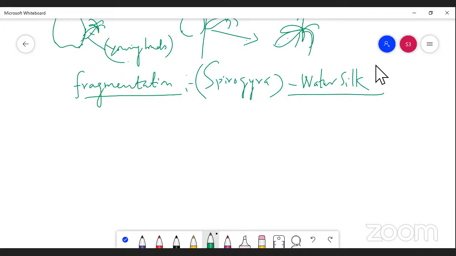Spirogyra is also called water silk. The body of Spirogyra breaks into small pieces, and each piece develops into a new organism. This type is fragmentation. Spirogyra is an alga.